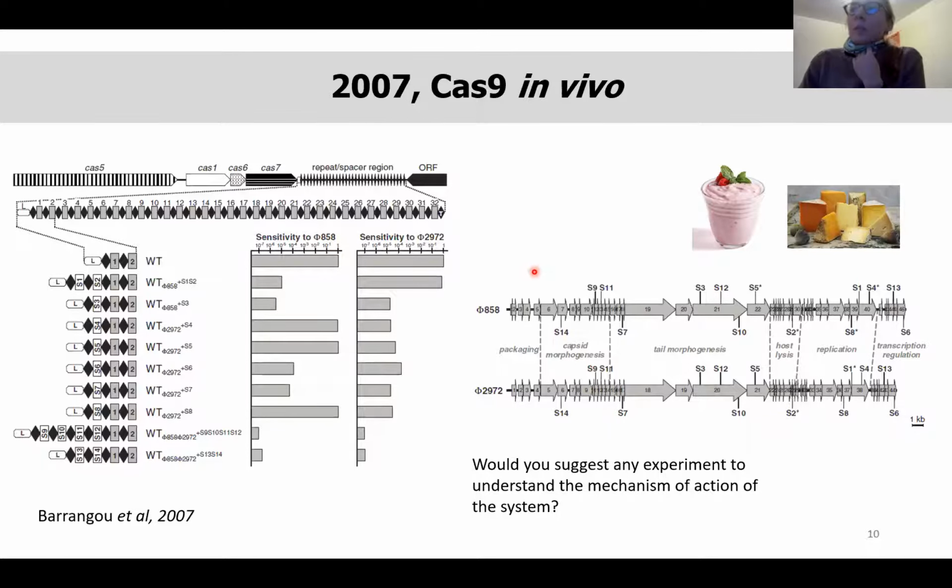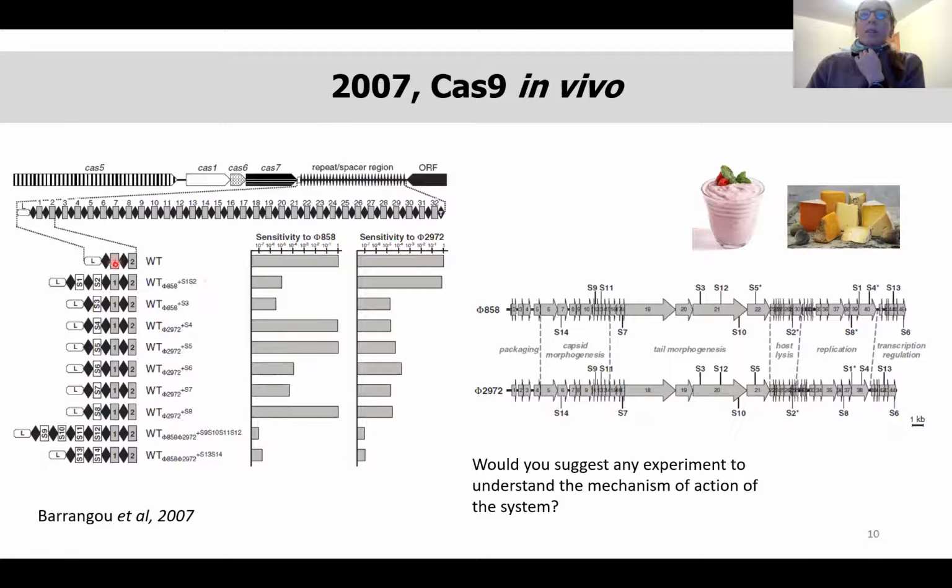Scientists working with yogurt noticed that bacteria containing extra spacers, extra DNA sequences in the CRISPR region that came from different phages, for example this phage or this phage, were less sensitive to that phage.